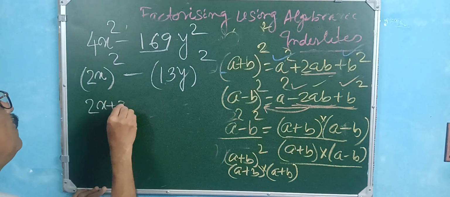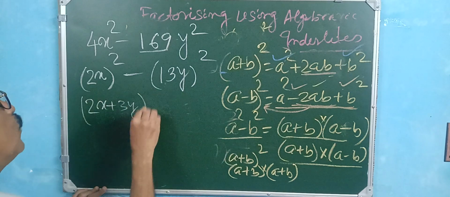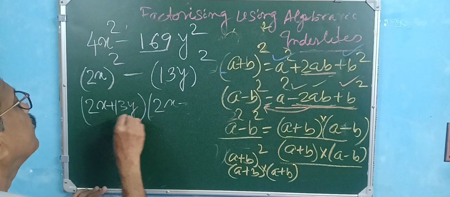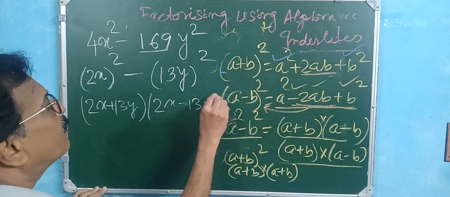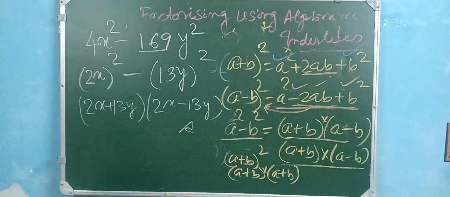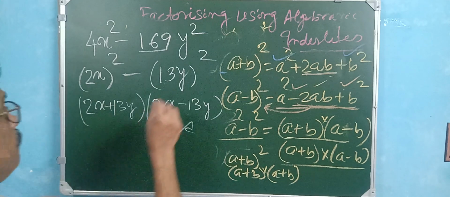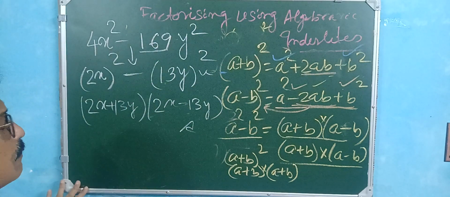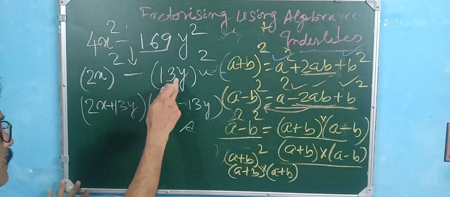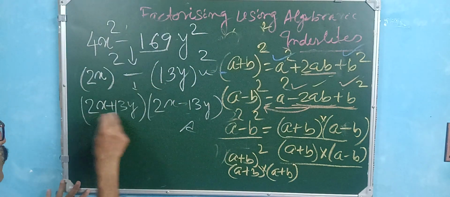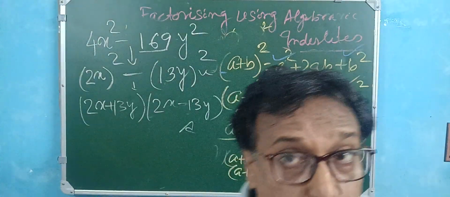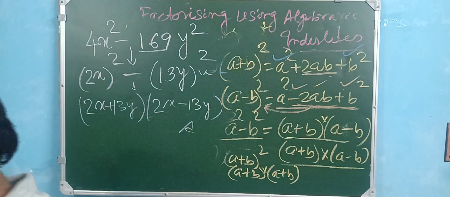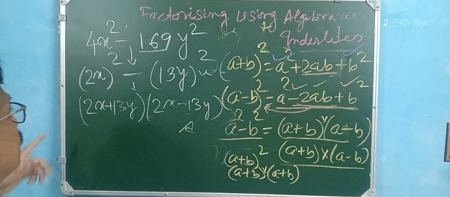The answer is 2x plus 13y and 2x minus 13y. The very important stage is how it comes from this to this: a square minus b square, a plus b into a minus b. You understand that place. Clear? This pattern.